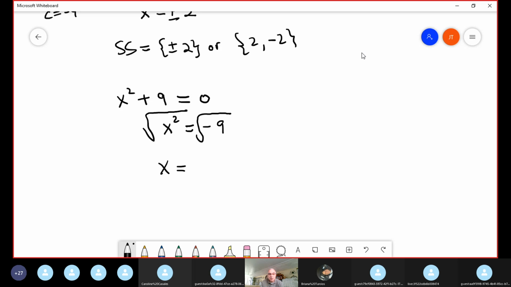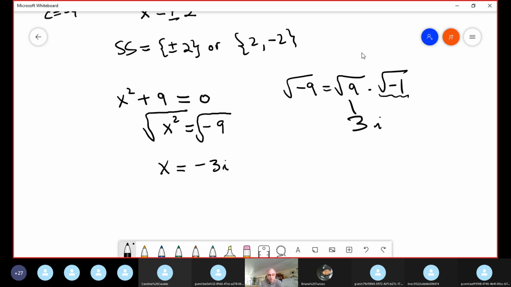Remember, when you have a negative quantity inside the radical, the answer is 3i, because square root of negative 9 is square root of 9 times square root of negative 1, and this is 3, and this by definition is i. And don't forget plus and minus always. So the solution set is plus and minus 3i.